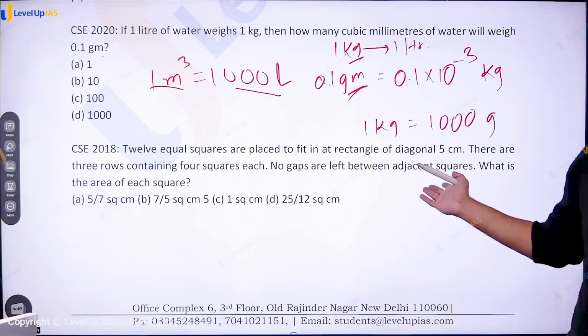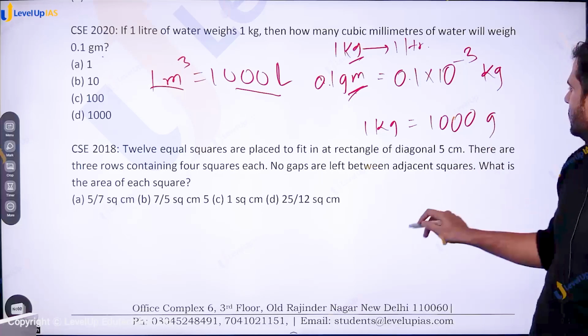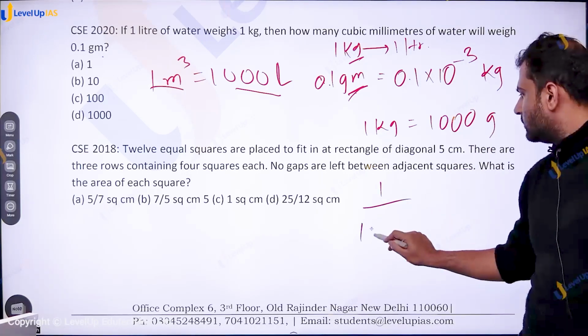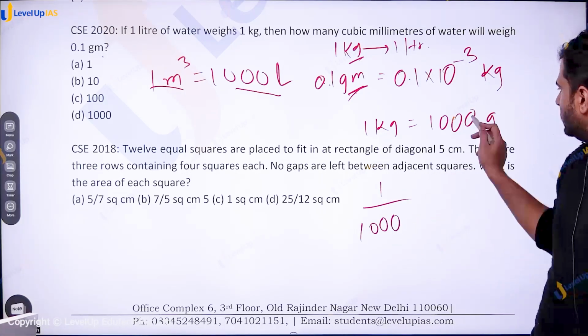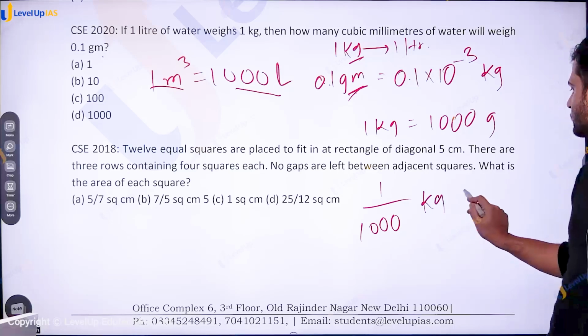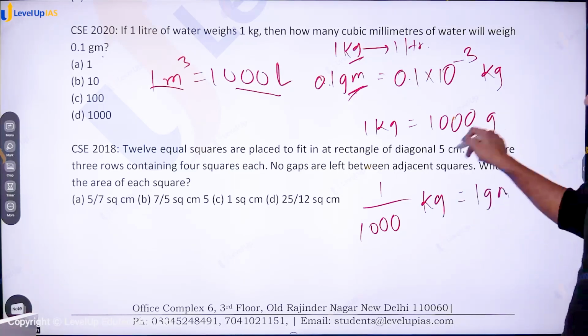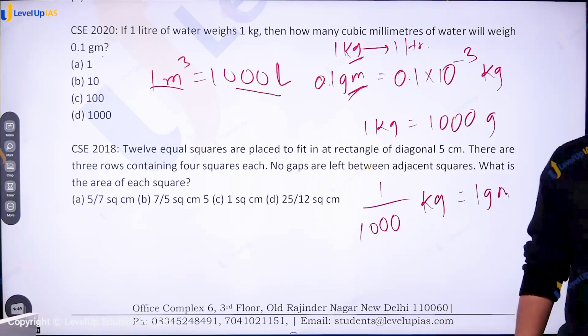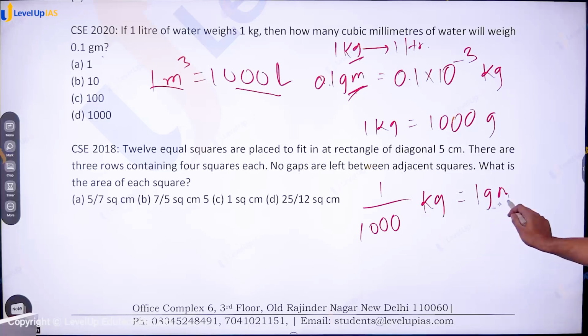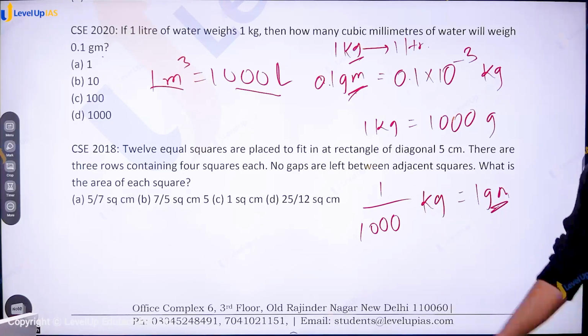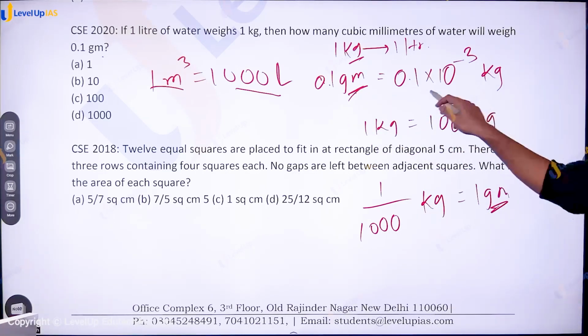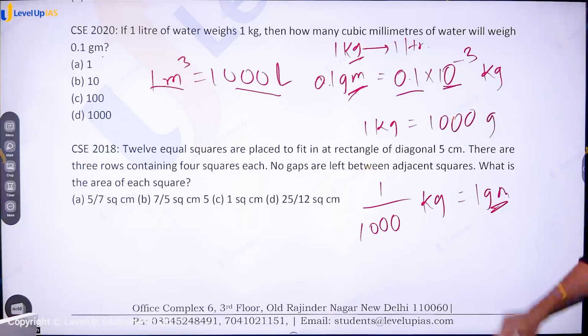We know this. So one upon 1000 kilogram is equal to 1 gram. I'm dividing by 1000. So 1 gram is 1 by 1000 of a kilogram. 0.1 gram is 0.1 into 1 by 1000 of a kilogram.